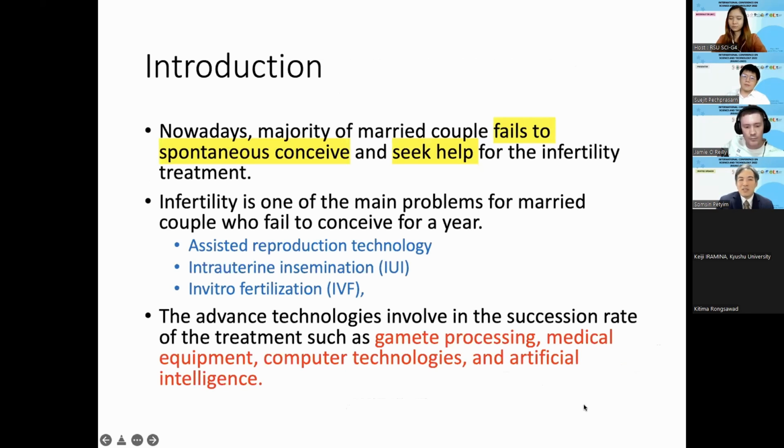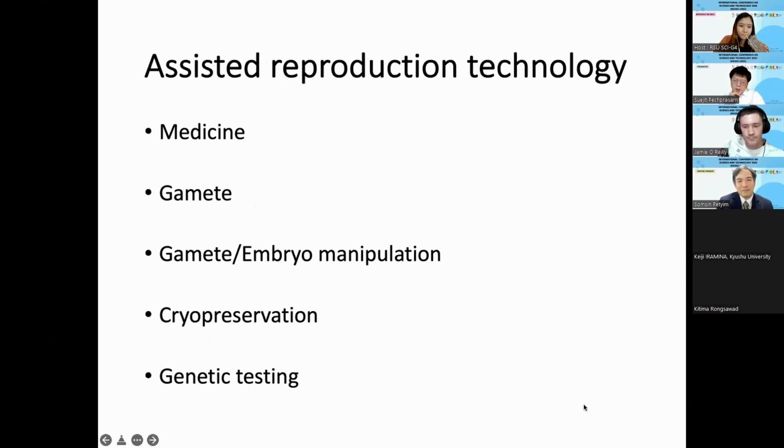Assisted reproduction technology might be the way we can use, for example, intrauterine insemination or in vitro fertilization, or test tube baby. But with the advanced technology, the success rate is not too high, and there is still more room to go for gamete processing, medical equipment, or computer technologies, and even AI that we can use in the future to improve the success rate of the treatment.